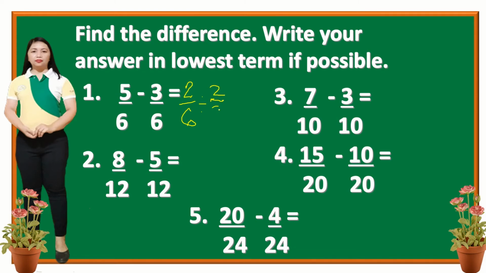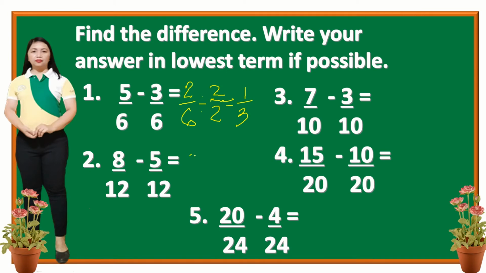What is 2 divided by 2? That would be 1. 6 divided by 2 would be 3. So your answer now will be 1/3. Did you get me? Did you have the same answer with me? Okay, very good.